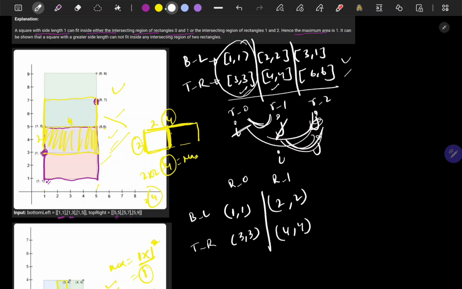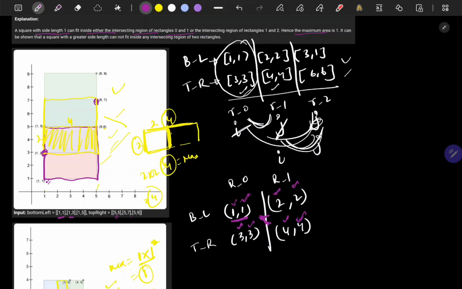Observe clearly: this bottom left corner is lesser than this one, this x is lesser than this x, this y is lesser than this y, and this 2 is lesser than this 3.